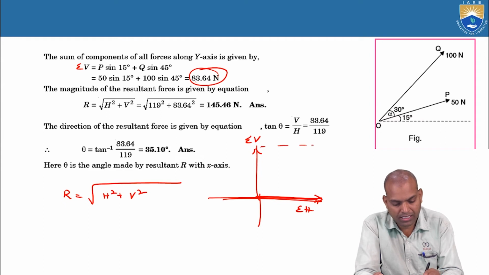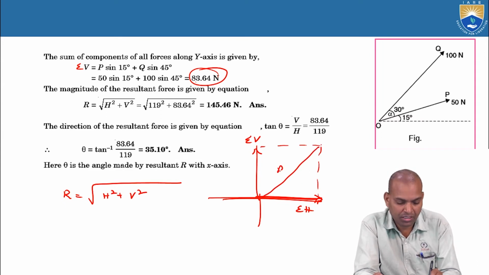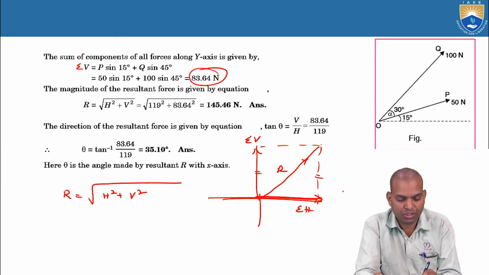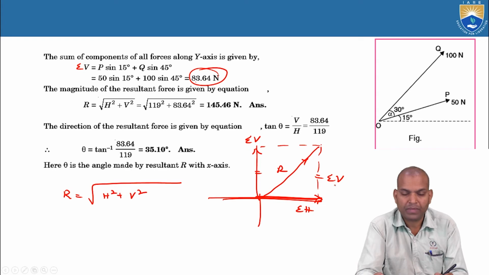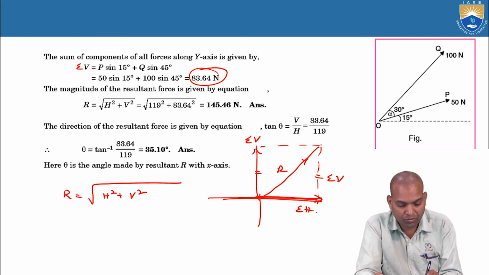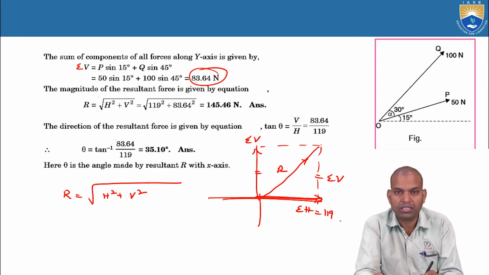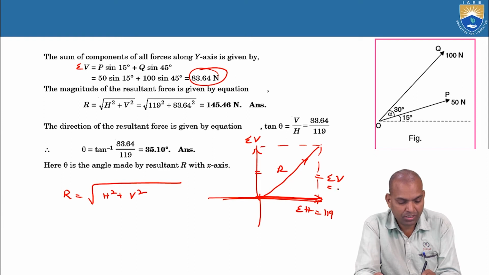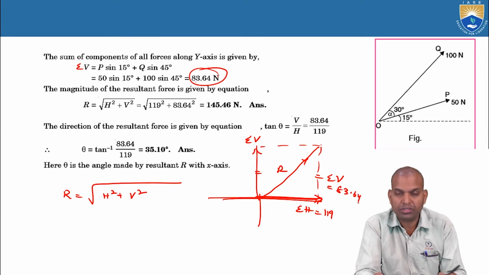What is the resultant? It is the diagonal, R, the resultant force. This line is parallel to sigma V. Sigma H is 119 newtons and sigma V is 83.64 newtons.